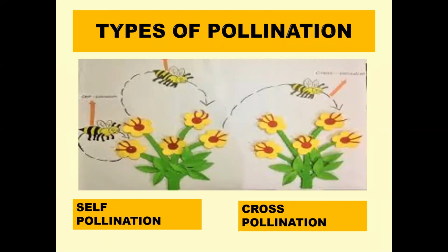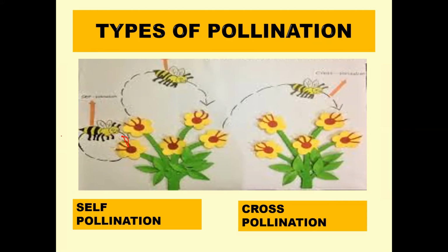When the pollen grains are transferred either in the same flower or to a different flower but of the same plant, then this is called self-pollination. And when the pollen grains are transferred from the anther of one flower to the stigma of a flower of another plant, then this is called cross-pollination.